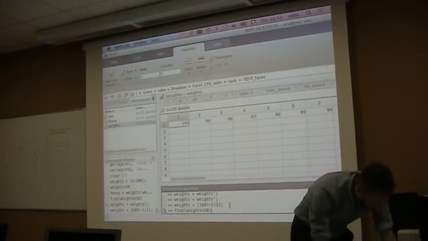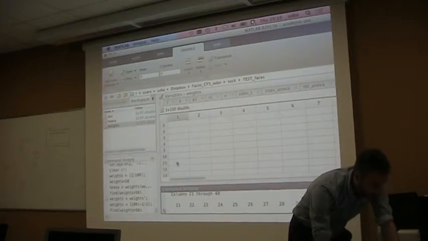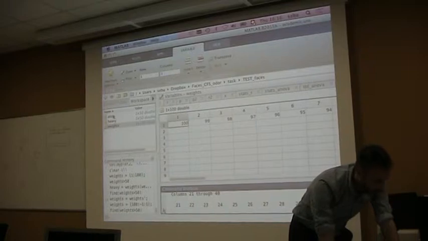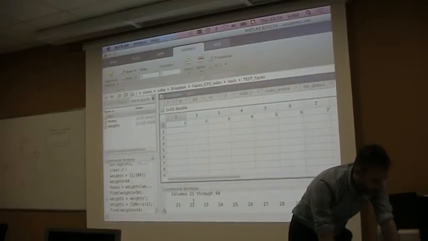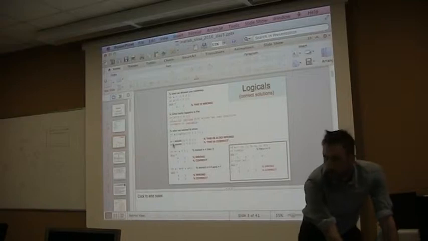Okay. So I changed weights so that it goes from 100 to 1. And find will give me the indexes. The indexes are now 1 to 50. Okay?